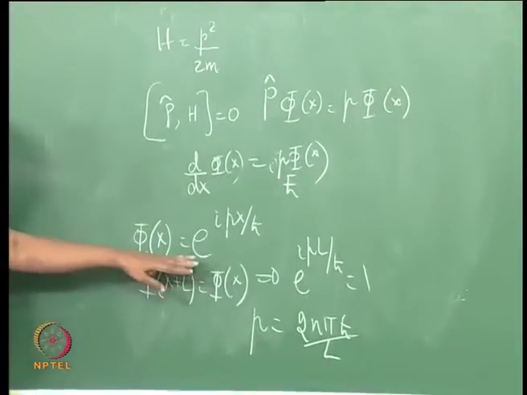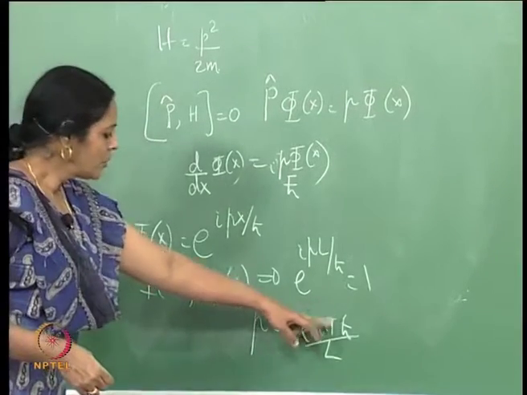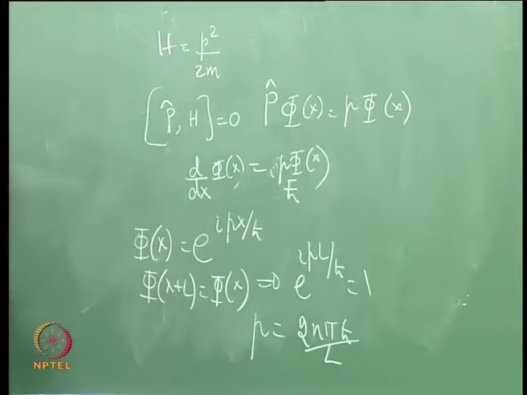So, you see the whole business of demanding single valuedness of the wave function on the circle tells me that the momentum is quantized and it is of the form 2n pi h cross by L. Needless to say that now we can find the energy.